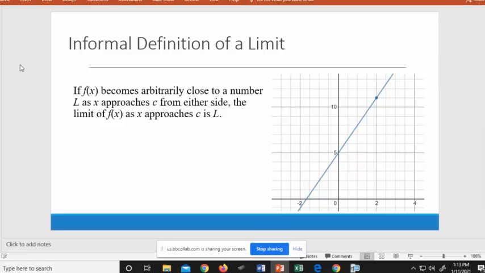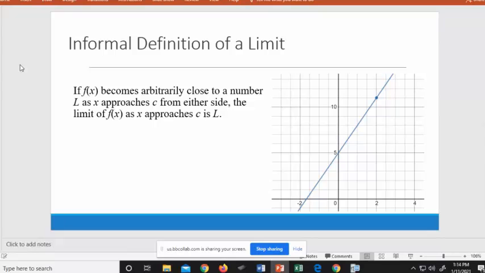Because if I go really, really far to the right, my x values are approaching infinity. So the limit as x approaches infinity of f of x is equal to 70, okay? That's our limit, L. This is the kind of statement that we want to write. It's not always going to look like this. So let's take a look at this graph that's given and see if we can come up with a statement.